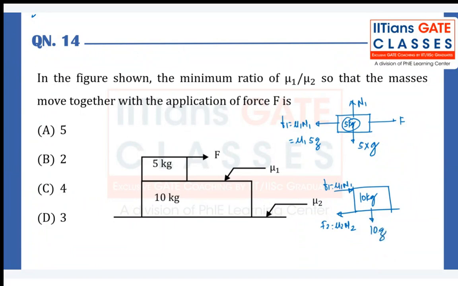10 times acceleration due to gravity is the weight acting in downward direction. We have N2, the normal reaction from the ground, acting in upward direction. And we have N1, which is the reaction because of the 5 kg block on the 10 kg block. We already calculated it is 5g, 5 times acceleration due to gravity.